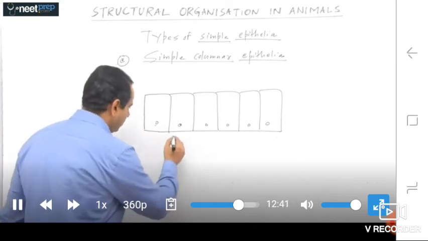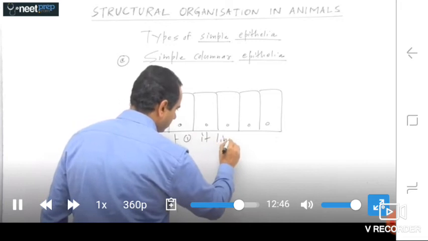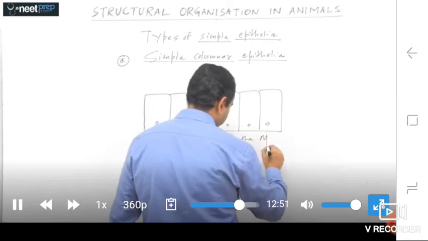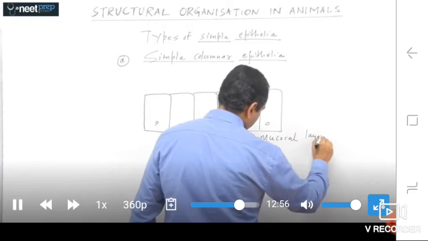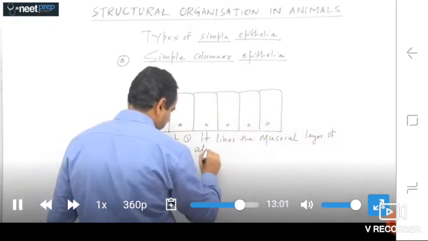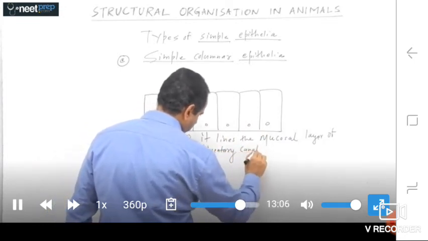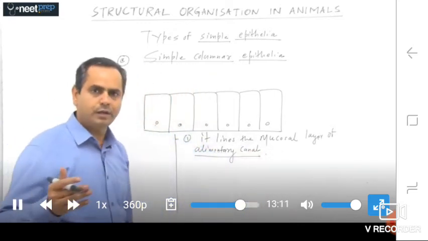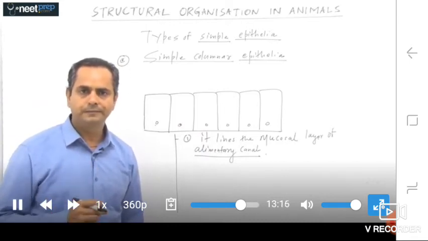So we can say this simple columnar epithelia lines the mucosal layer of the alimentary canal, basically from the esophagus to the large intestine. They mainly contain simple columnar epithelia. That's right.